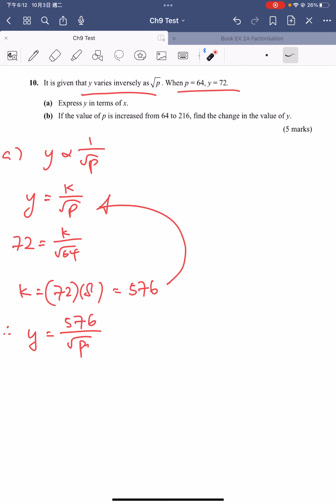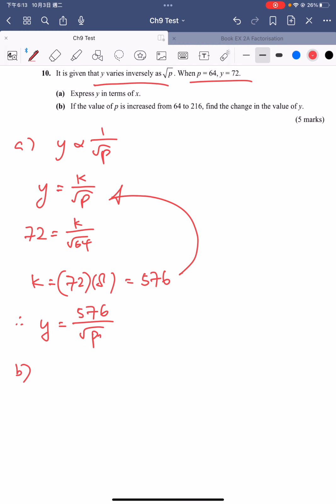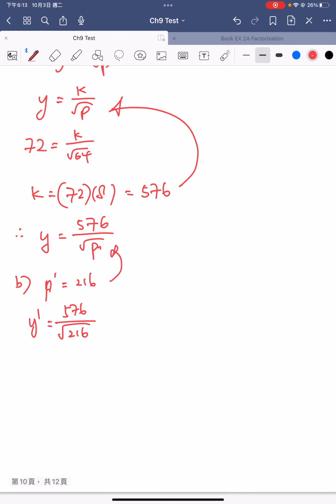So now we have p increased from 64 to 216, so we can say the new p is going to be equal to 216. We just substitute in to get the new y is equal to 576 divided by the square root of 216.